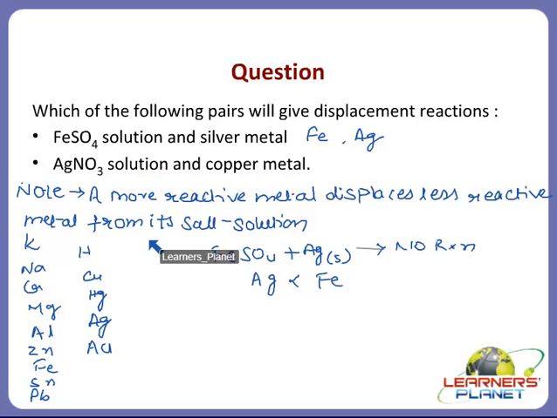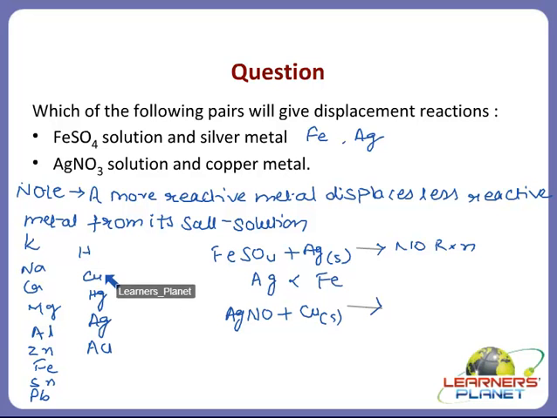Now the next is silver nitrate solution and copper metal. So again we have got silver nitrate, AgNO3 plus copper metal. So now find out which is more reactive from the reactivity series I have written here. Which is more reactive, silver or copper? Silver is lying below hydrogen.